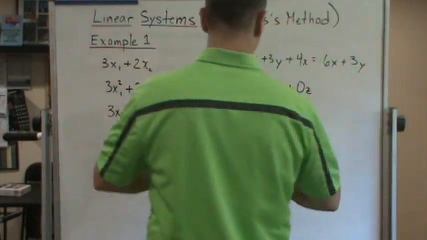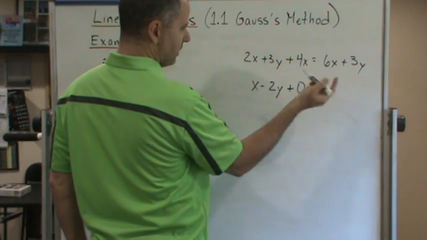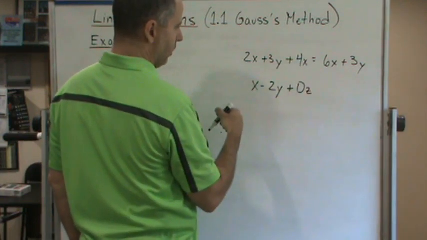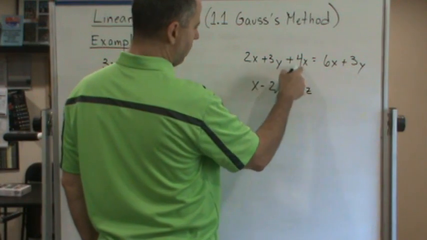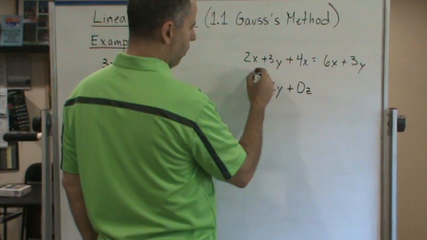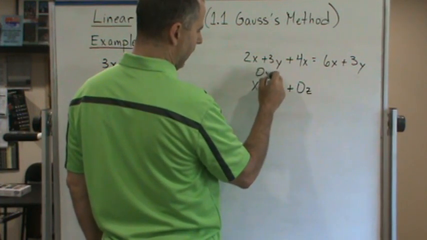For example, in this one here, we could just combine these to simplify it. We've got 6x over here and a 6x over here, so we could combine those and get 0x.